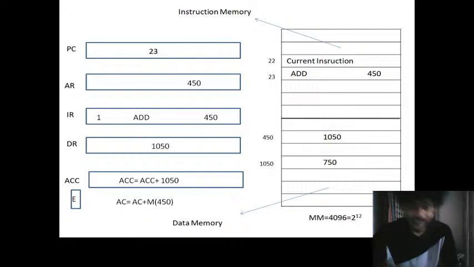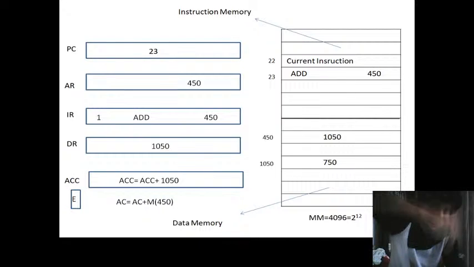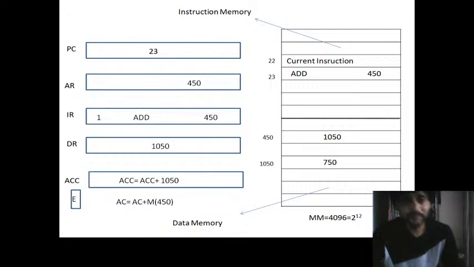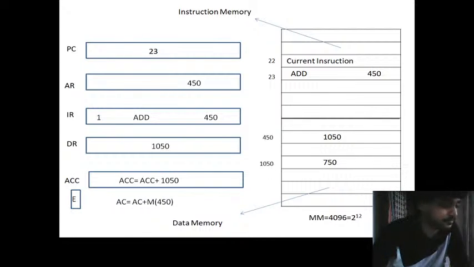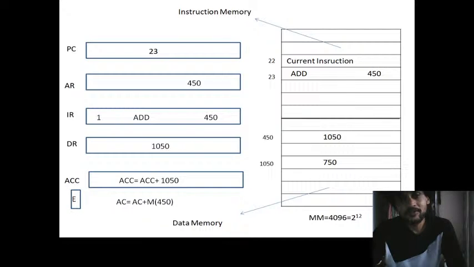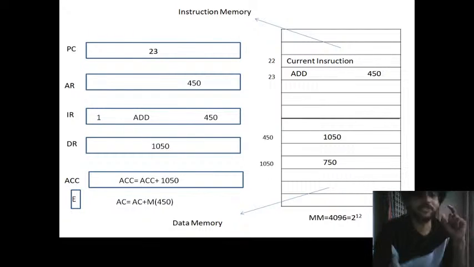When there is an overflow, that overflow will get directly accommodated in an extended accumulator, which is equal to 1 bit. Did you understand this? So the result can sometimes be more than the size of the accumulator. At that time, in order to accommodate this carry, we do require an additional register.